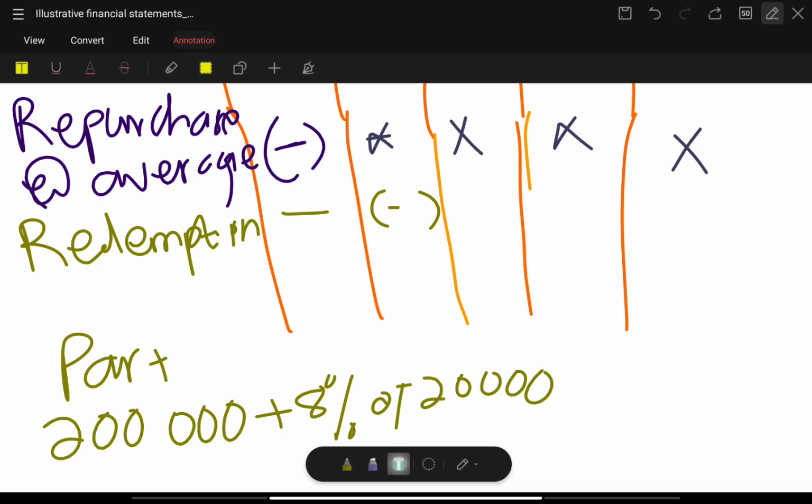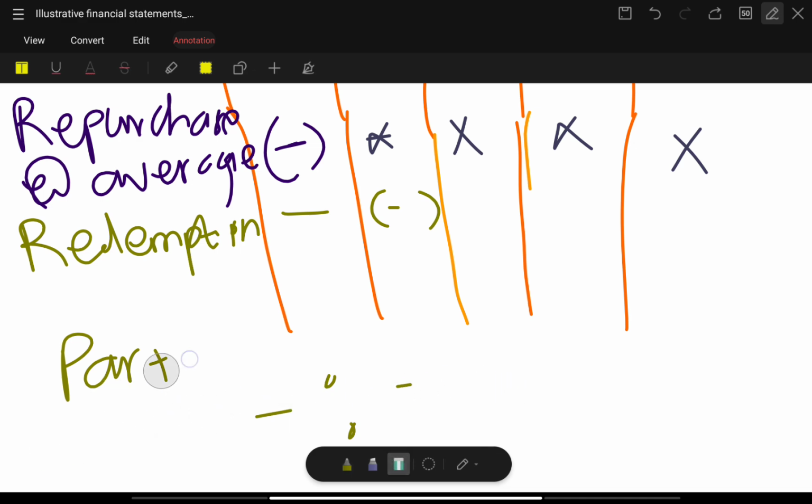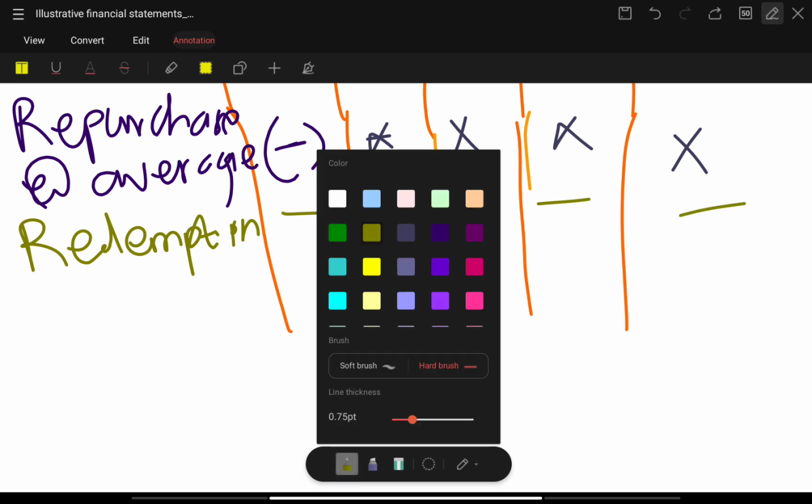You will subtract the redemption value here, and if they are redeemed at par, you would also subtract the redemption there at that amount. Does it make sense? It's not applicable to the retained earnings, not applicable to the ordinary shares, not applicable to the revaluation, as well as the mark-to-market reserve account.